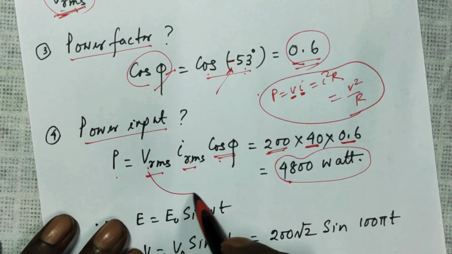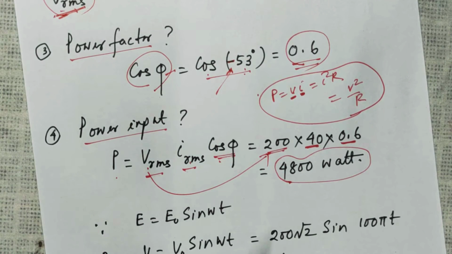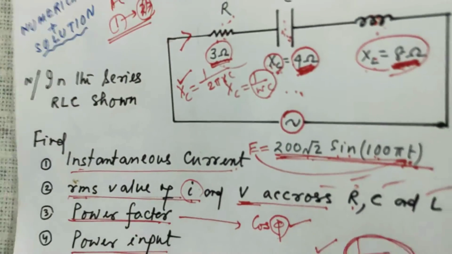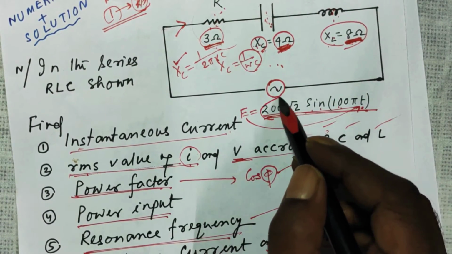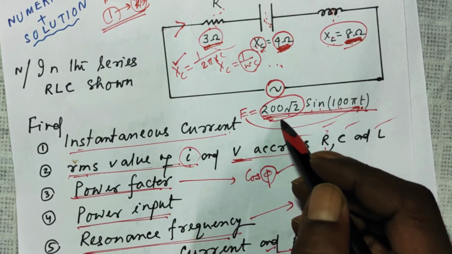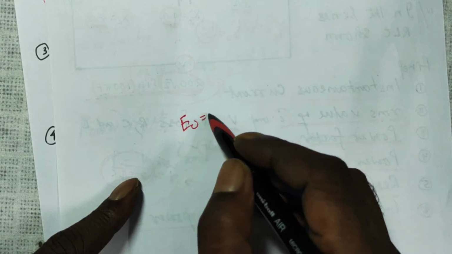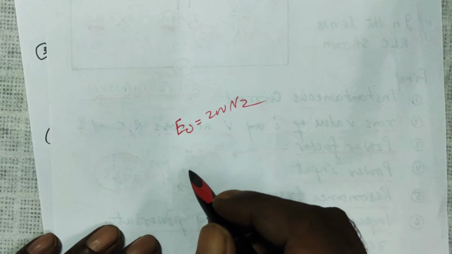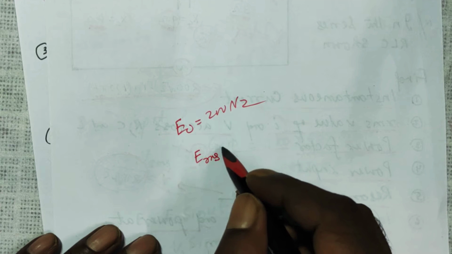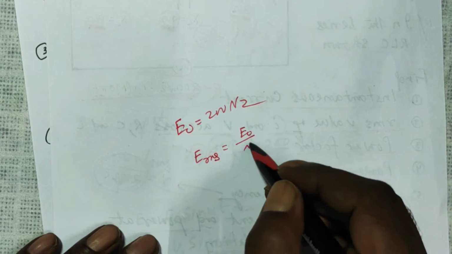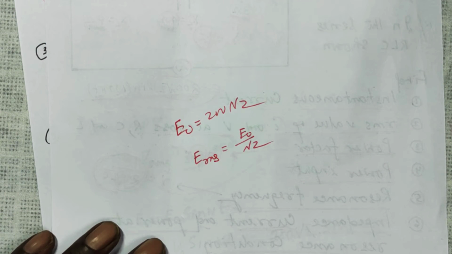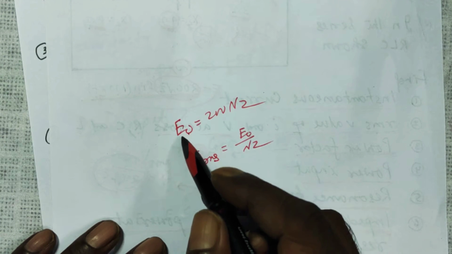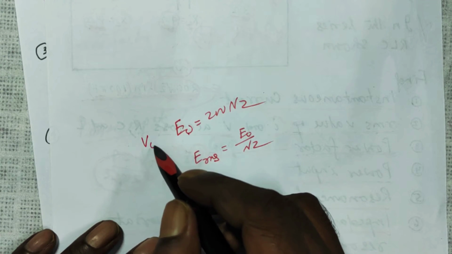You might ask how VRMS is 200. If you look at the first phase, this is your E naught, 200 root 2. E naught is equal to 200 root 2, and I have already told you E RMS was equal to E naught by root 2. You can write E naught or V naught, one and the same thing.